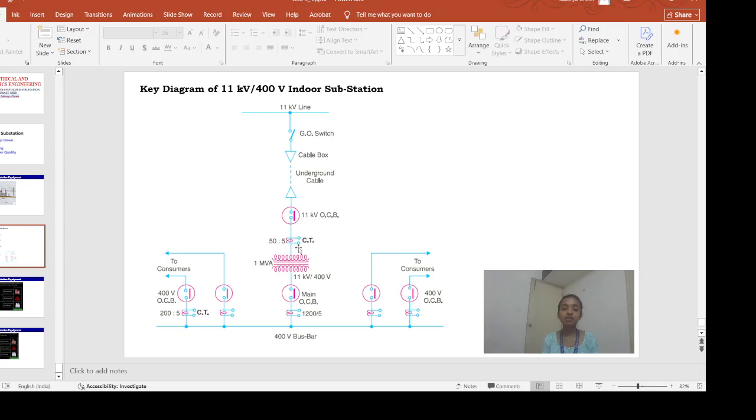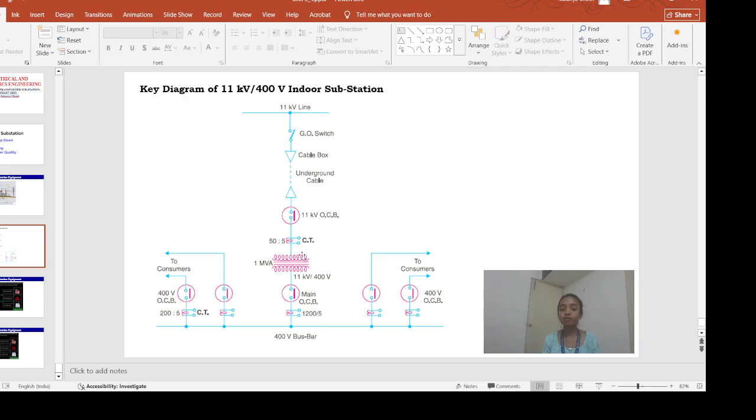Then we have a current transformer to protect the transmission line and the transformer, and the rating of this current transformer is 50 is to 5. That means the primary winding current is 50 ampere, and the secondary winding of the CT current is 5 ampere.